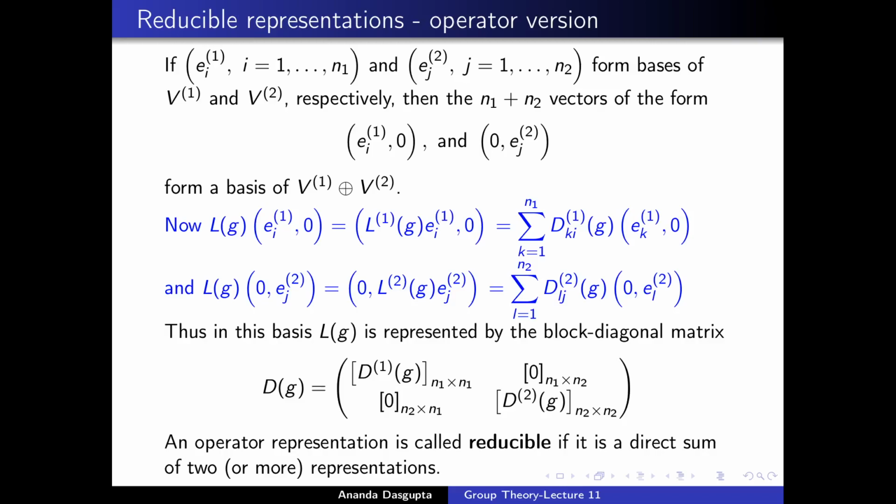An operator representation is called reducible simply if it is a direct sum of two or more representations. Of course, the moment it is a direct sum of two or more representations, it stands to reason that the corresponding matrix representation will also be of the block diagonal form if you happen to choose your basis in this particular manner.